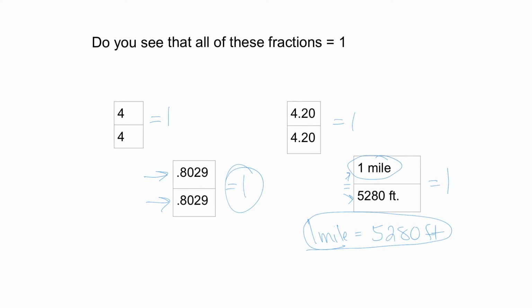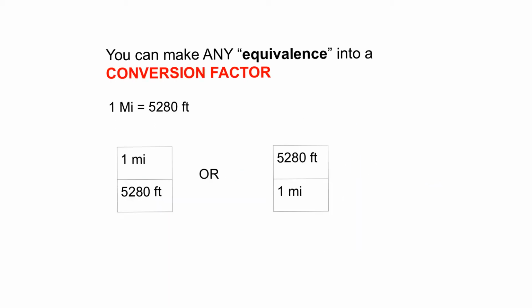And because of that, we can do some pretty cool things in factor labeling problem solving. An equivalence is just a fancy way of saying something equals something else. We just said 1 mile is equal to 5,280 feet. This is an equivalence.